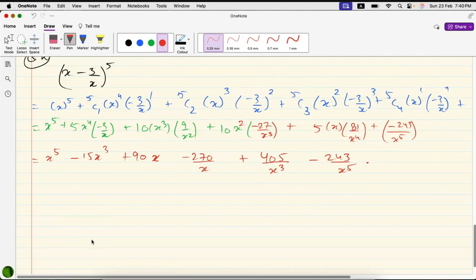Okay. And see, in this series, the power is also reducing by 2 in every step: x^5, x^3, x^1, x^-1, x^-3, x^-5.